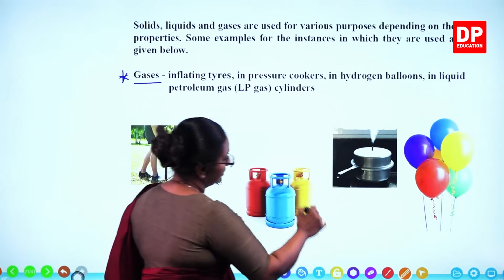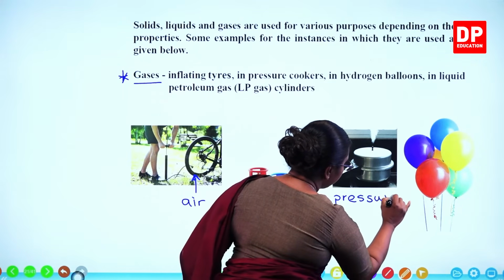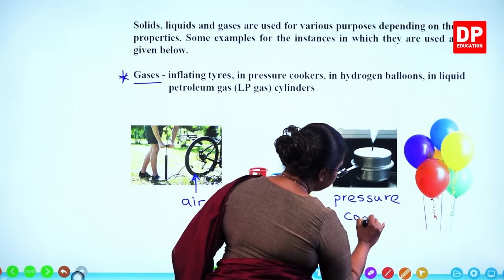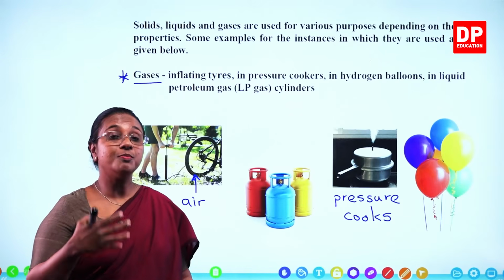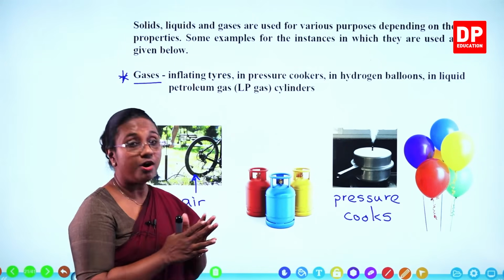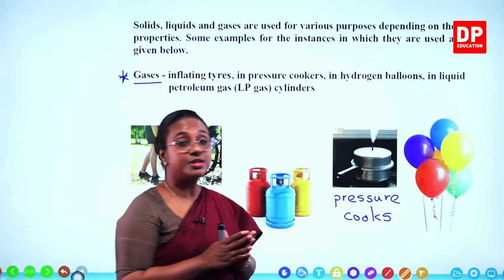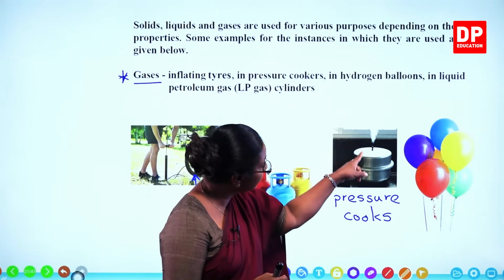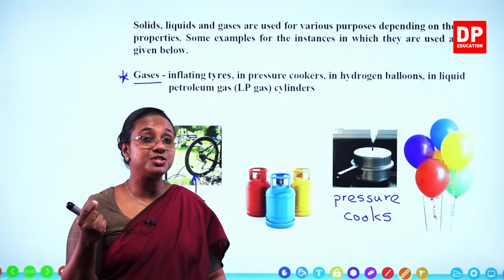Then in pressure cookers. So here we have the pressure cookers. Now you all have seen pressure cookers, or you all know that you use pressure cookers at home. Maybe you all don't cook, but your elders cook at home. So you would have seen when we use a pressure cooker, you would have seen this gas coming out. You would have heard the whistling sound of the pressure cooker.